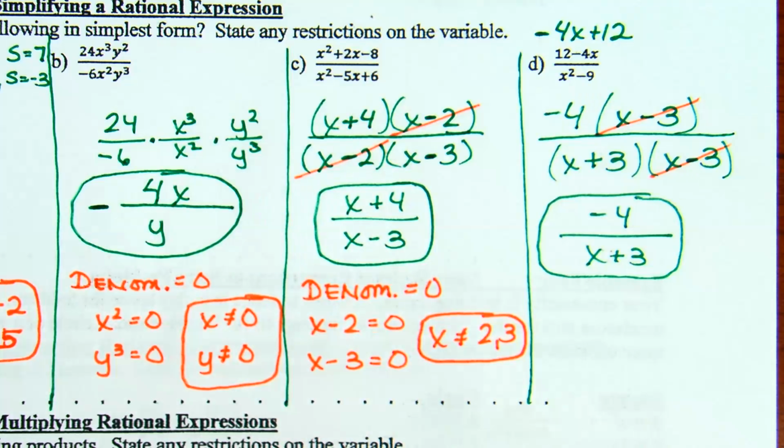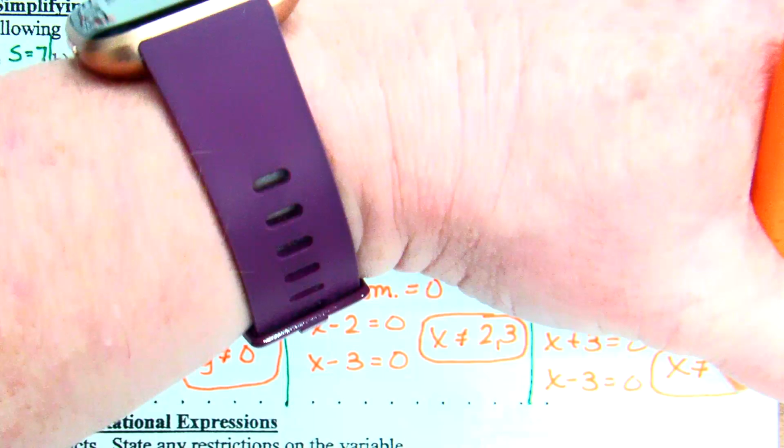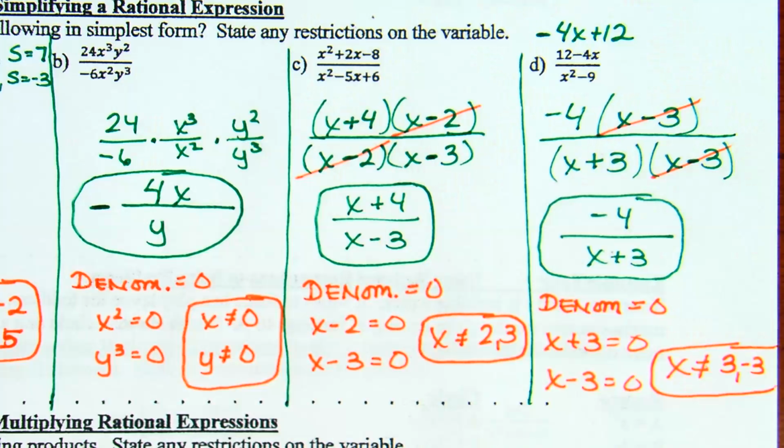Anything that was ever part of that denominator has to be set equal to 0. So x plus 3 equals 0, x minus 3 equals 0; x cannot equal 3 and negative 3. Or if you'd rather, did anyone write x cannot equal plus or minus 3? You could write it like that.